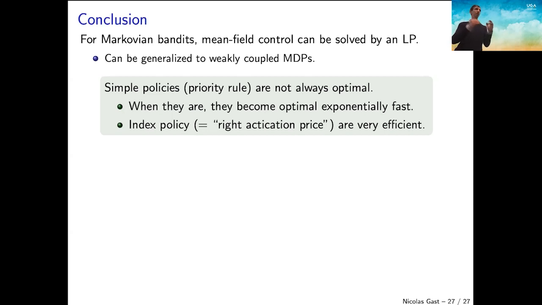For instance, index policies, when you have multiple constraints, it is not clear exactly what that means. Similarly, a priority rule, if you have multiple constraints, is not really well defined. So there are a bit more questions of notation. Some of the results translate to weakly coupled MDPs, not all. What really translates directly is that the relaxed problem is exactly similar, but the way to go from n infinity to finite n is a bit trickier.